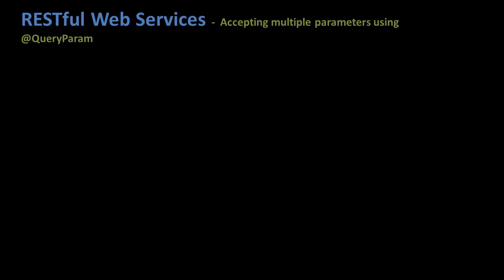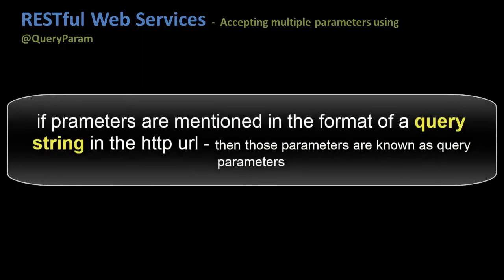Before we go through this demo, let us see what we mean by a query parameter in the HTTP URL. If a client mentions the parameters in the HTTP URL in the format of a query string, then the parameters listed in the URL are known as query parameters.